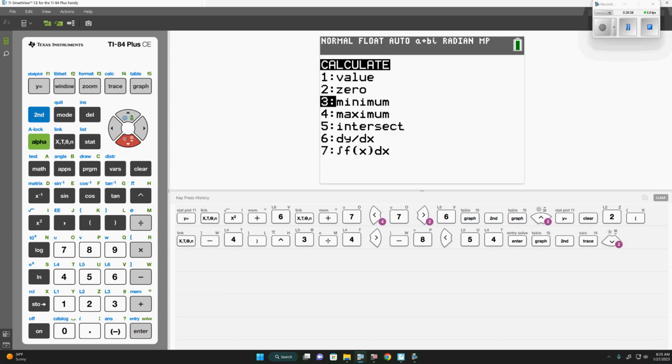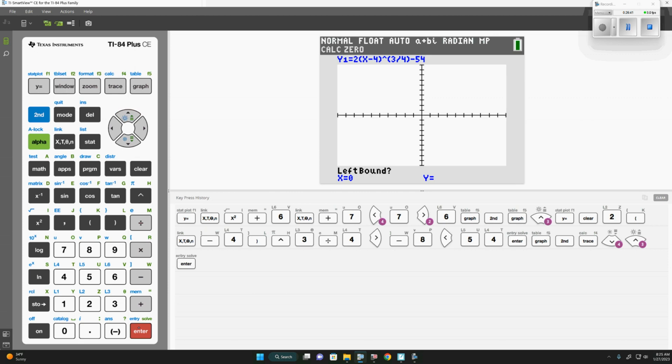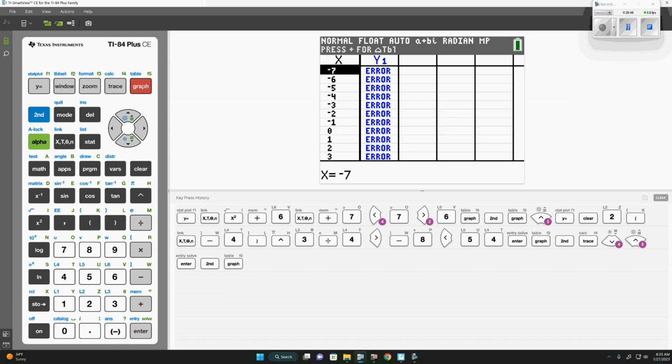Now, we can look for 0. And we'd have to find left bound, right bound. We can go second graph. And we can try to look here going down. Now, since we're subtracting 54, there's a good chance that it's going to be pretty far down there.